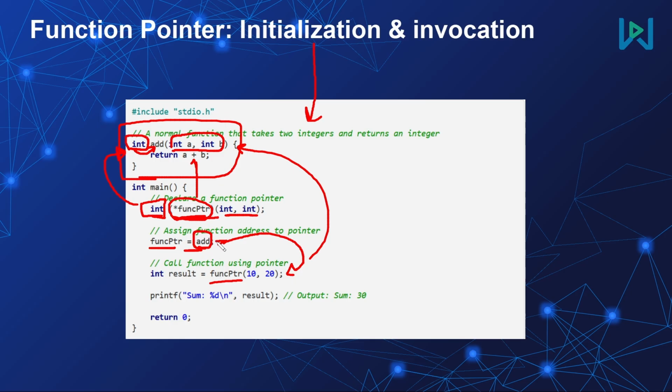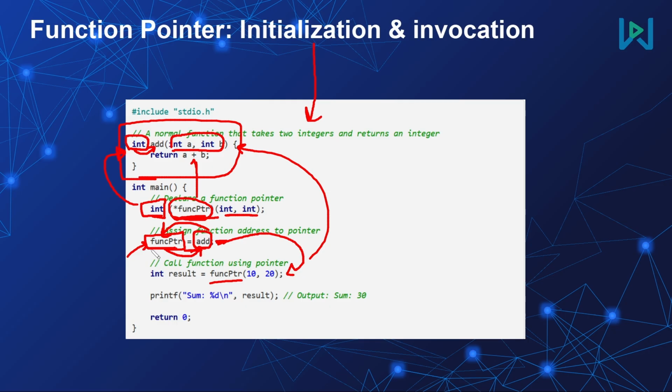Now, this is the syntax at C level. But what happens at hardware level is that the content of our function pointer address will be initialized with the address of our C function. So the address of our C function will be put within the address of our function pointer.